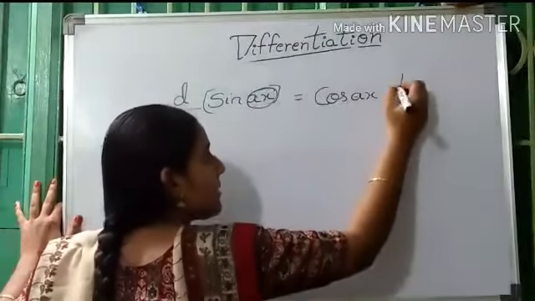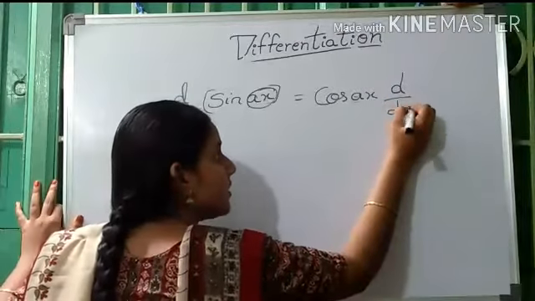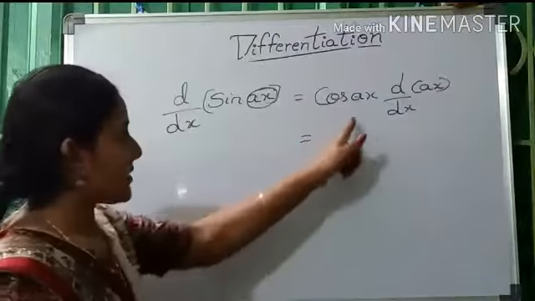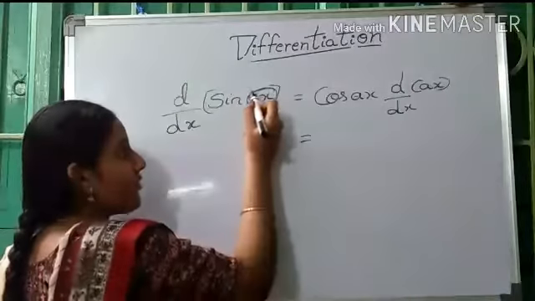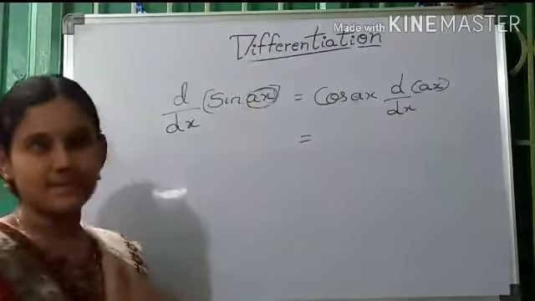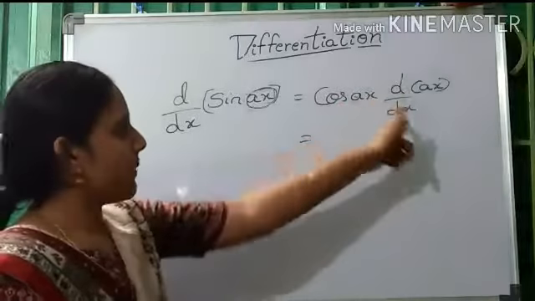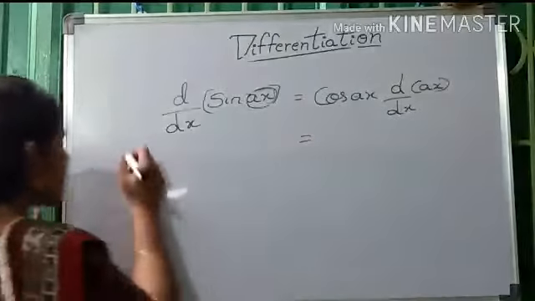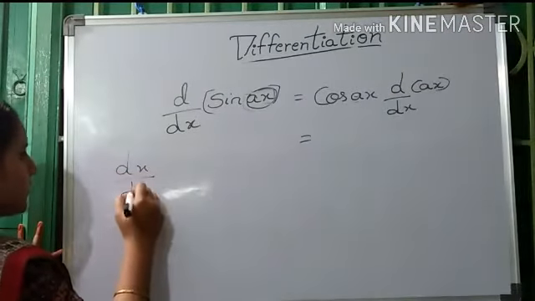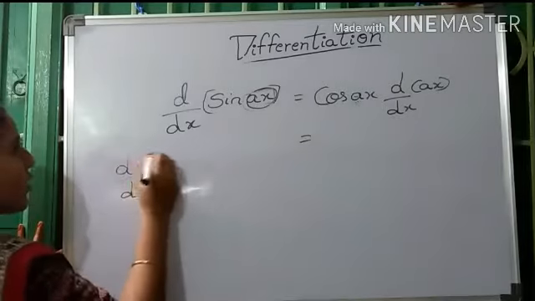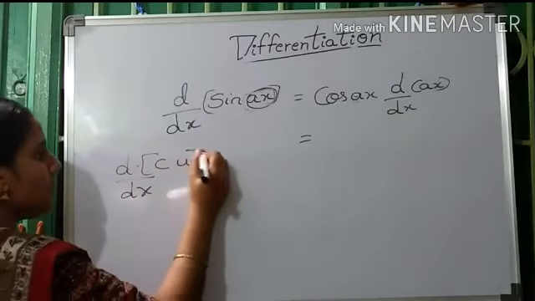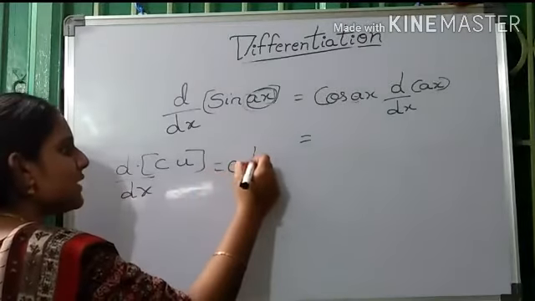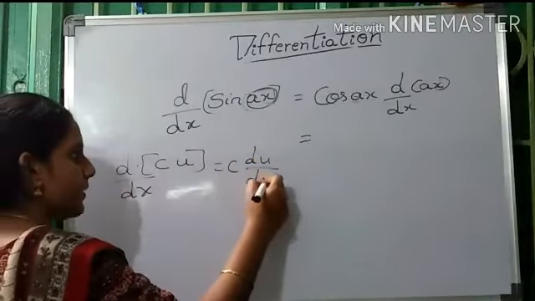That is, cos ax into d by dx of the function present inside the sine function, which is d by dx of ax. a is some constant, so it comes out, since d by dx of a constant times a function is equal to c into du by dx.